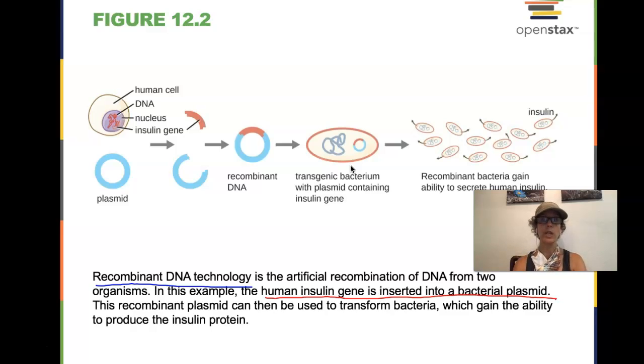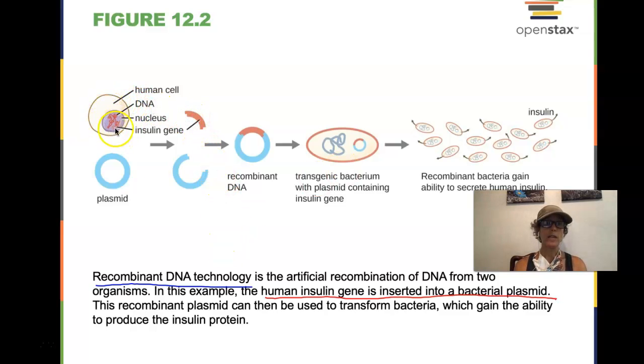The example shown here is for human insulin. All the people who require insulin to treat their diabetes use what is called rDNA insulin, recombinant DNA insulin. And that was created in exactly this manner.